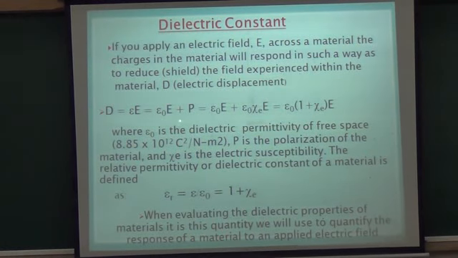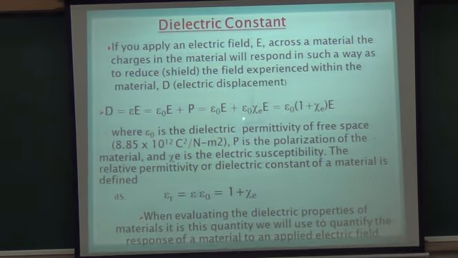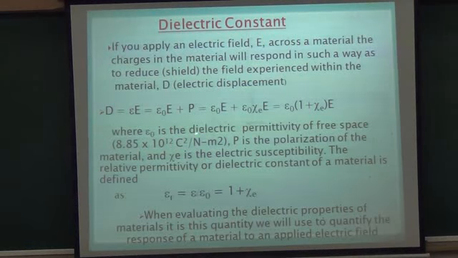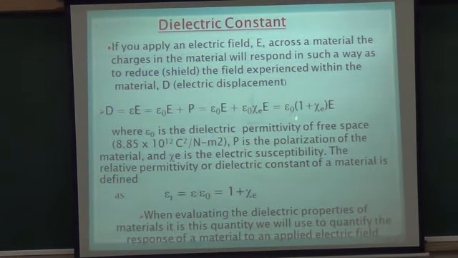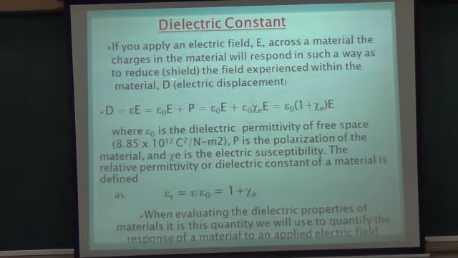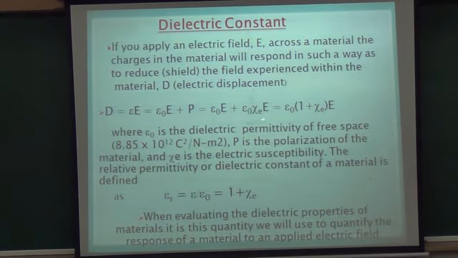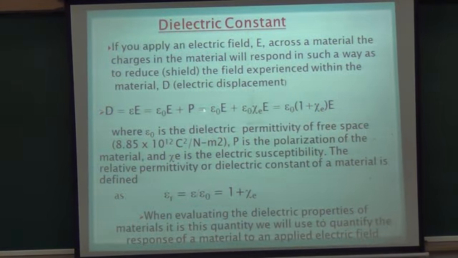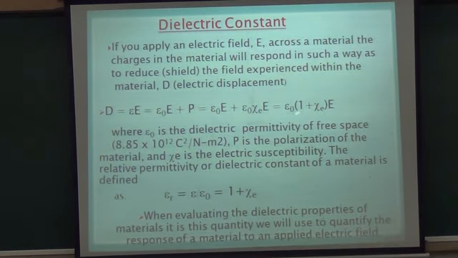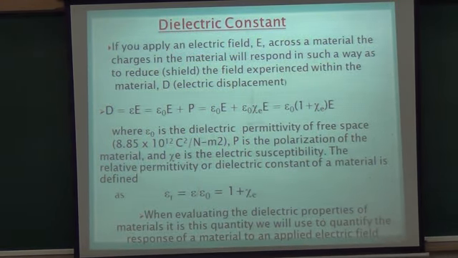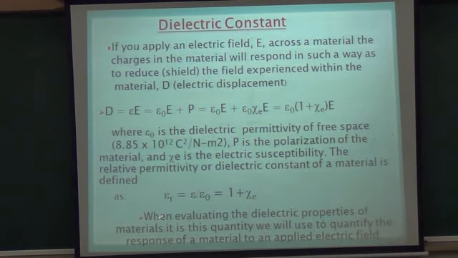The polarization part can also be given in terms of the susceptibility of the material. This comes because my polarization will be proportional to the electrical field, and the proportionality constant is taken as epsilon naught times chi. This epsilon naught can be taken out, so I have this equation for D. And we define the relative permittivity, or what is called the dielectric constant of the material.